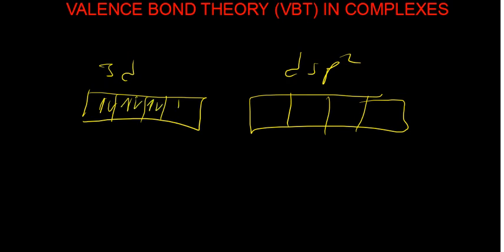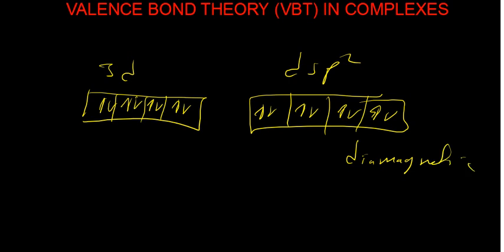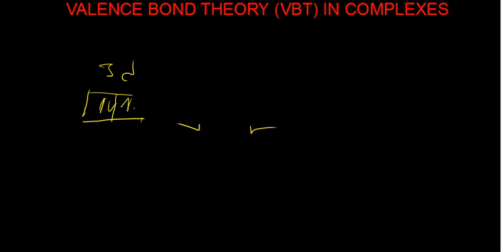Even here they were all paired up. Okay, so because all the orbitals were completely filled, the magnetic property is diamagnetic. That is, all the orbitals were having electrons which are paired up.